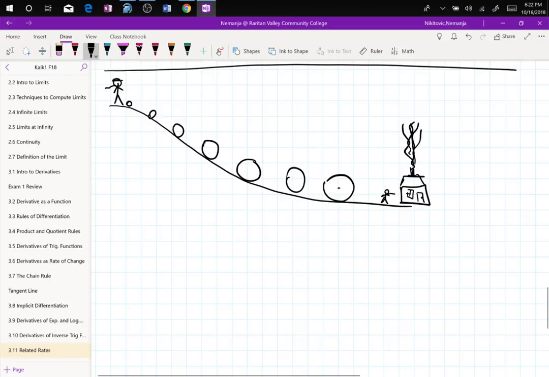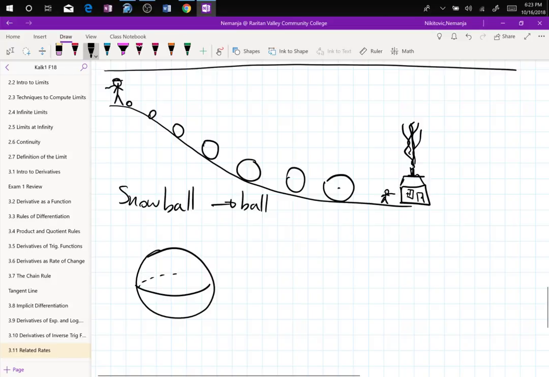So if you take the action shot, you can measure the radius on each one of those pictures, and then you take that radius and you can come up with dr dt, right? Since we're talking about a ball, which is a snowball, and the ball, also known as a sphere, has radius r.